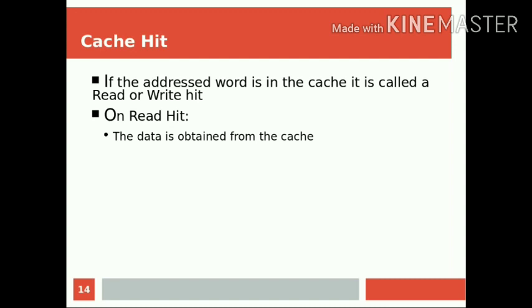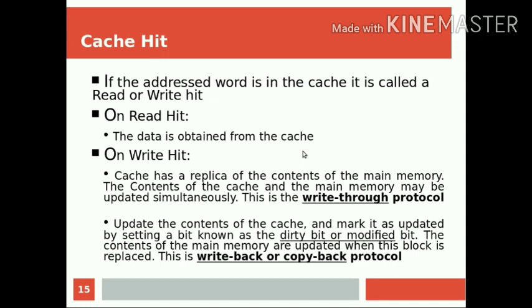Next, we have to discuss the terminology cache hit. If the addressed word is in the cache, it is called a read or write hit. On a read hit, the data is obtained from the cache. On a write hit, the cache has a replica of the contents of the main memory.